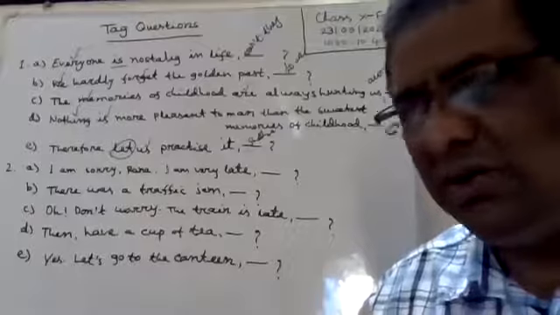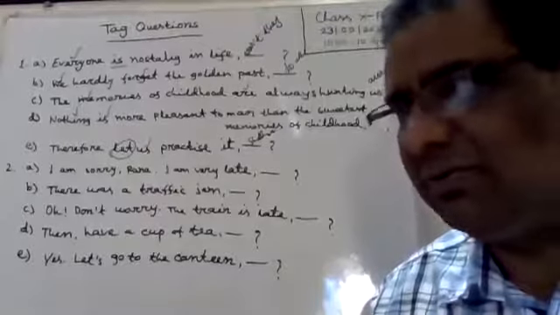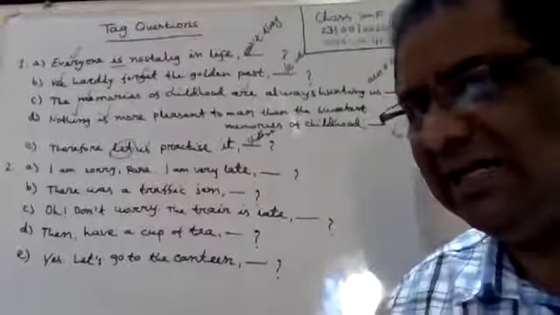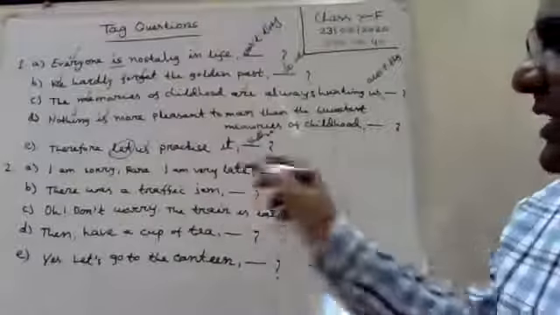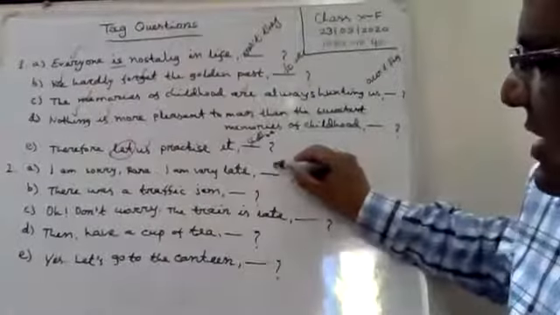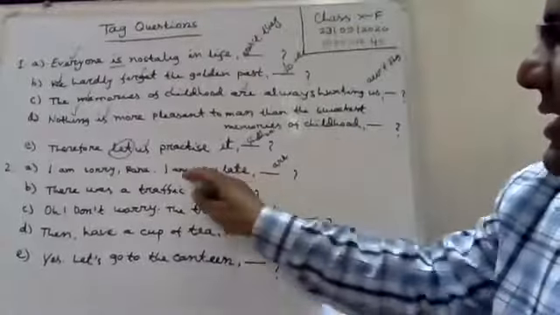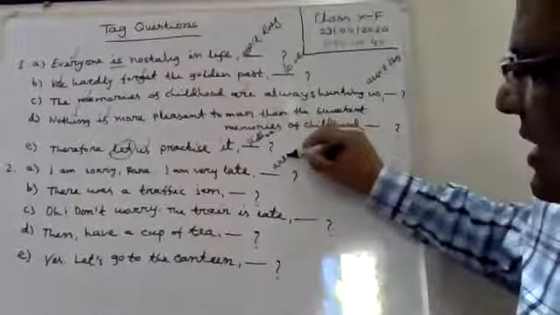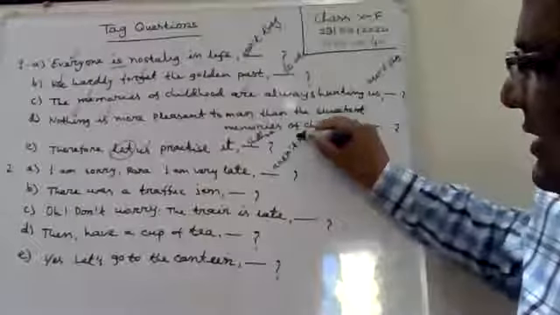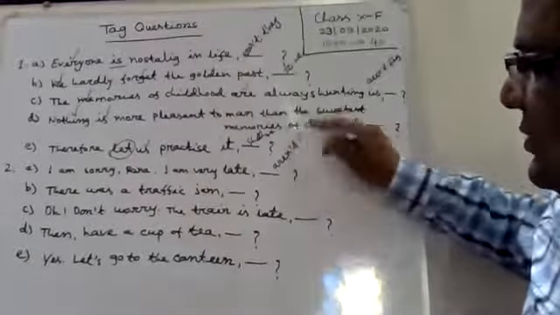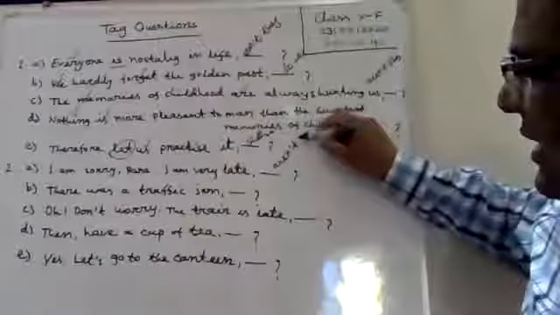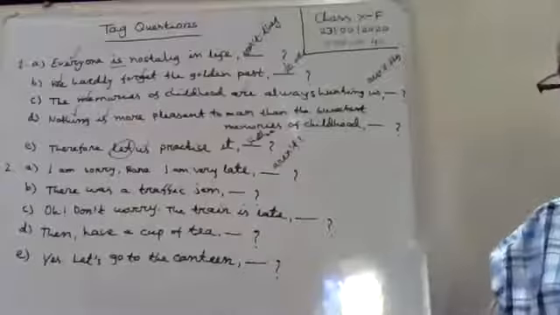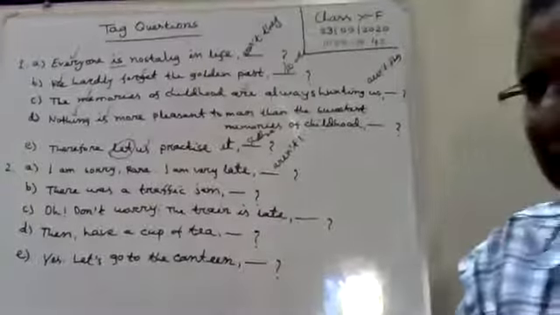So I always tell you, never be confused of writing the correct sentence. Always be confirmed to write the correct sentence. So what is that? I am very late. Aren't, A-R-E. Sentence is affirmative. Aren't I? That is exceptional use. Aren't I? So after I we use am. So am't I would be the correct answer.